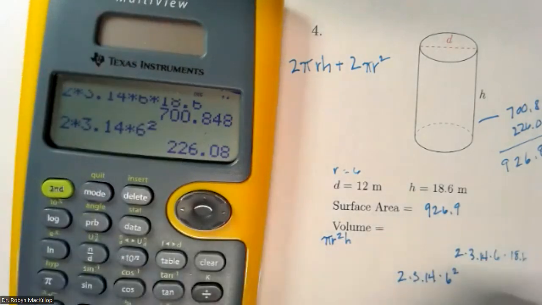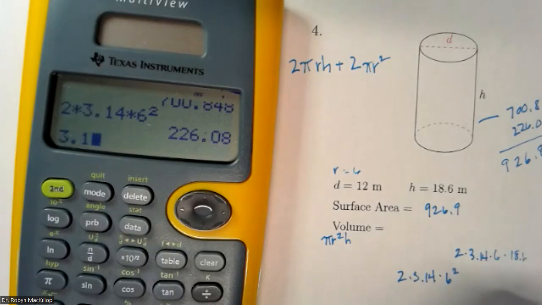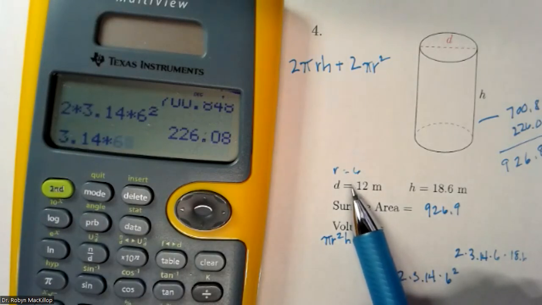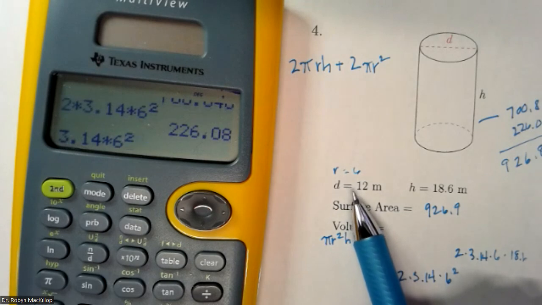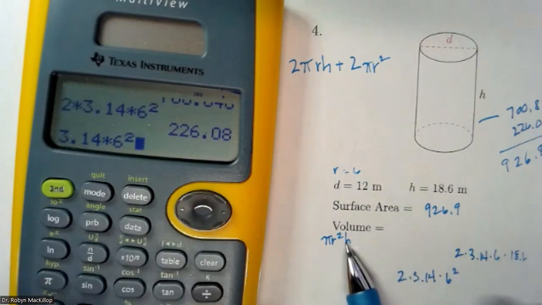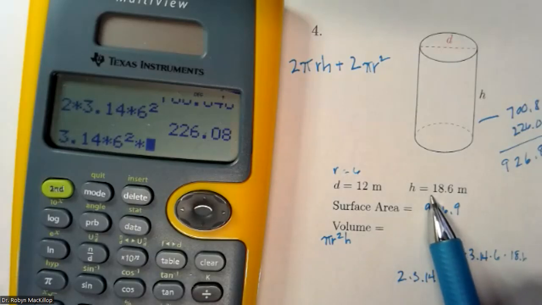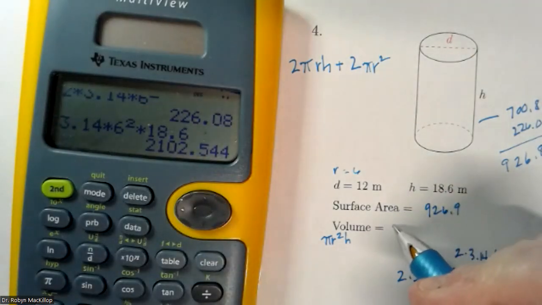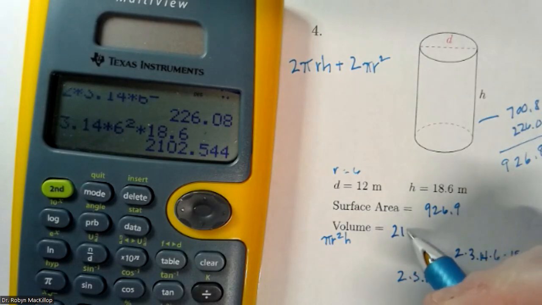And that's going to be 3.14 times the radius, which is 6, squared. Get out of exponent mode, times the height, 18.6. For this particular shape, volume is reasonable.